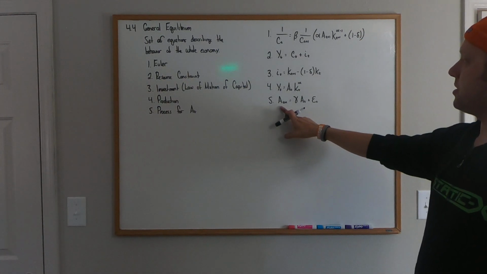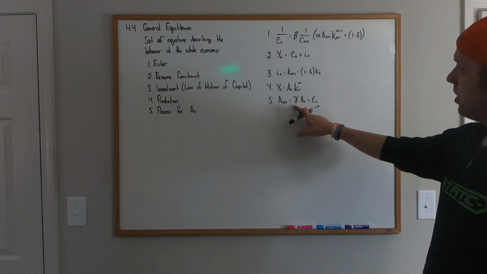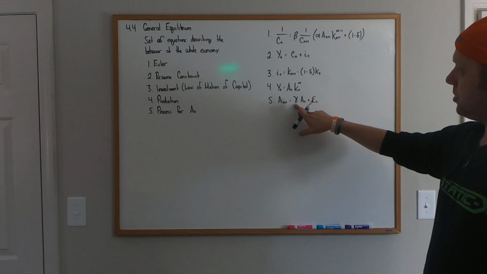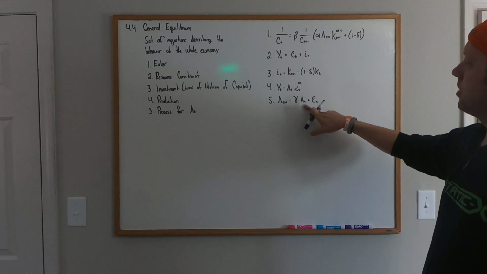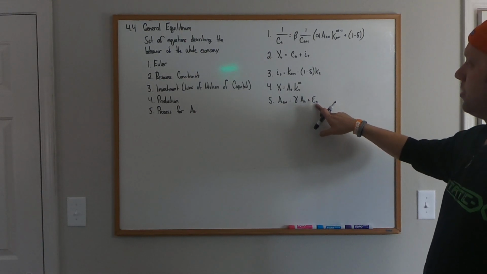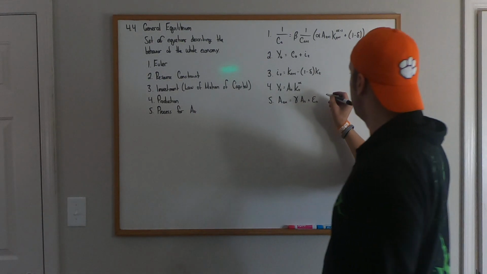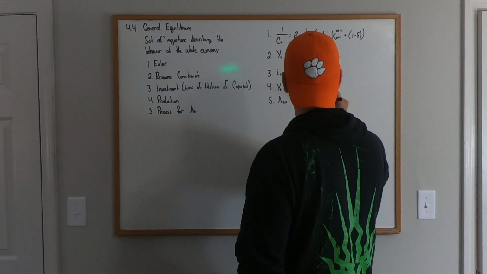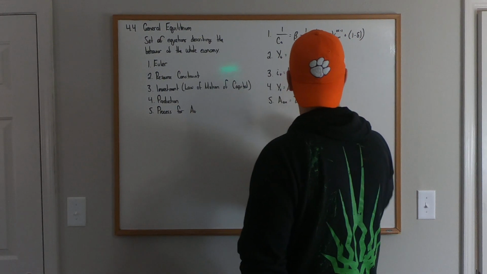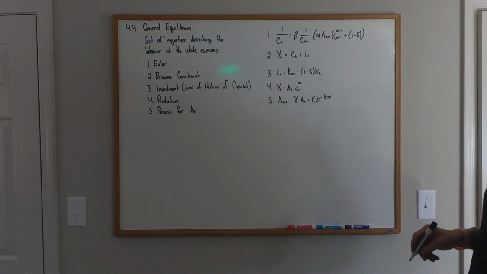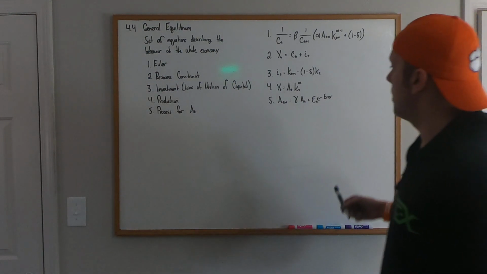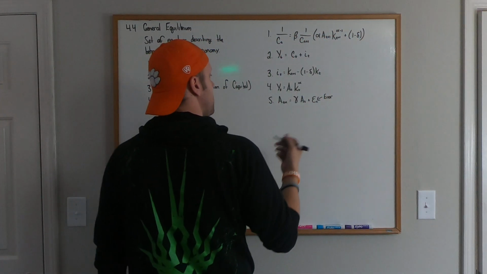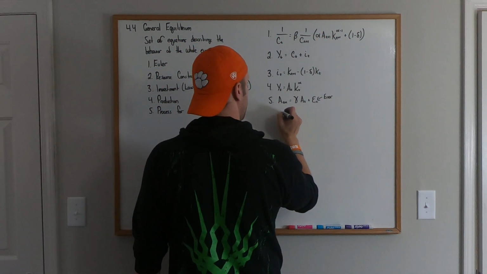So this says AT plus 1 is equal to gamma, some estimated slope coefficient, times AT plus error. Right, let's say if I wanted to look at AT instead.